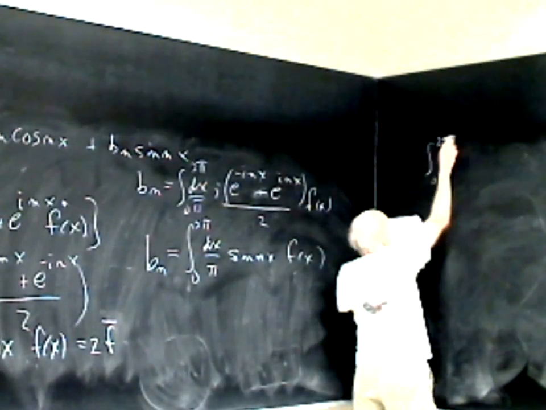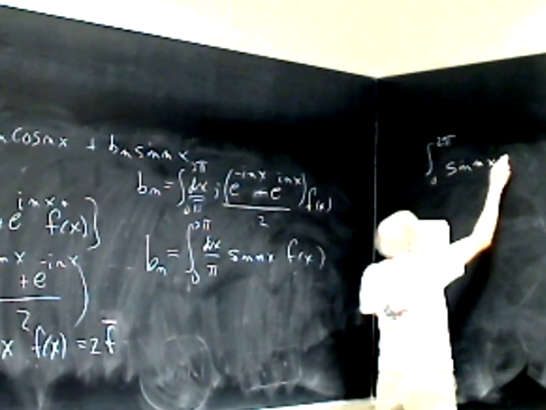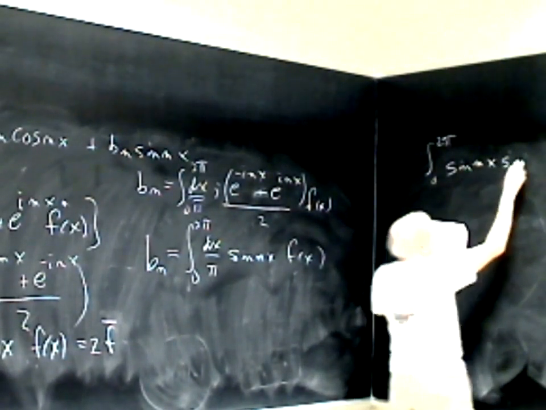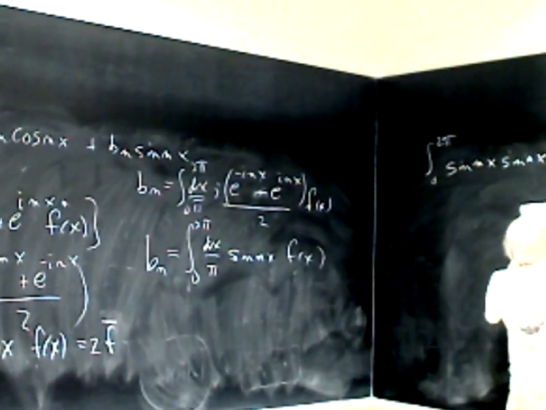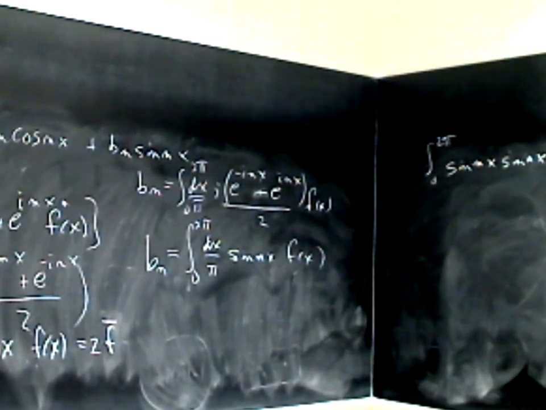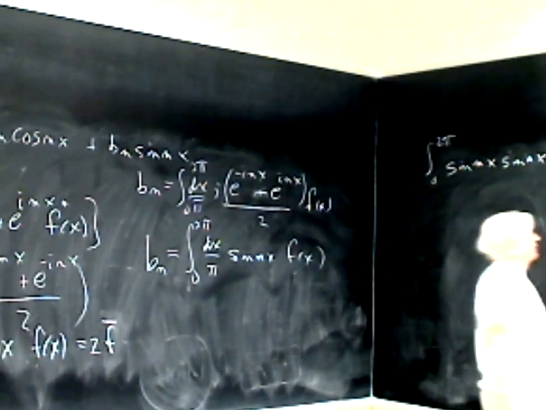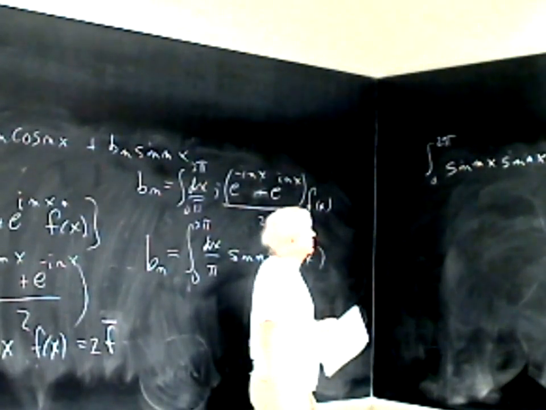The integral 0 to 2 pi sine mx sine nx dx equals pi for n equals m not equal to 0, and we'll just write else, 0 otherwise, n not equal to m or n equal to 0.